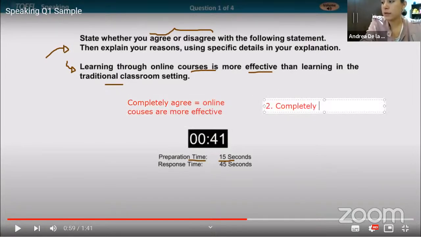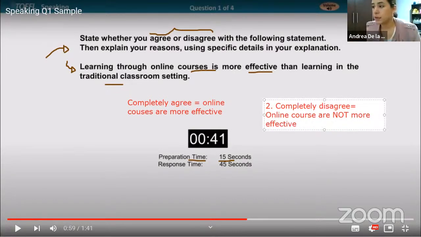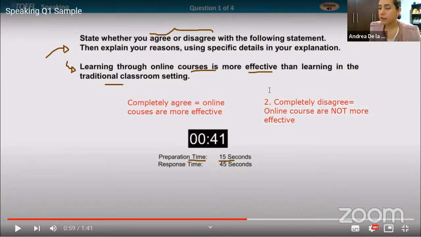Completely disagree, and you think that online courses are not more effective. You only have those two choices. That means that you can't say, I think it depends, I think both of them are effective, I like both, or I don't think any of those work, I think they should be a balance, I think they should mix. You can't say anything like that.